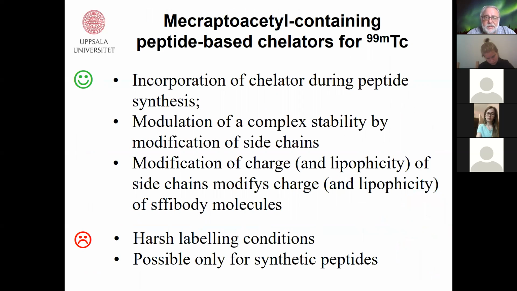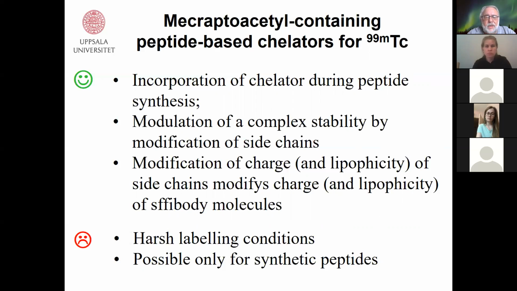I like this approach to labeling. It permits clear incorporation of the chelator during peptide synthesis. It's simple. You just extend the N-terminus with mercaptoacetyl and probably a few amino acids.